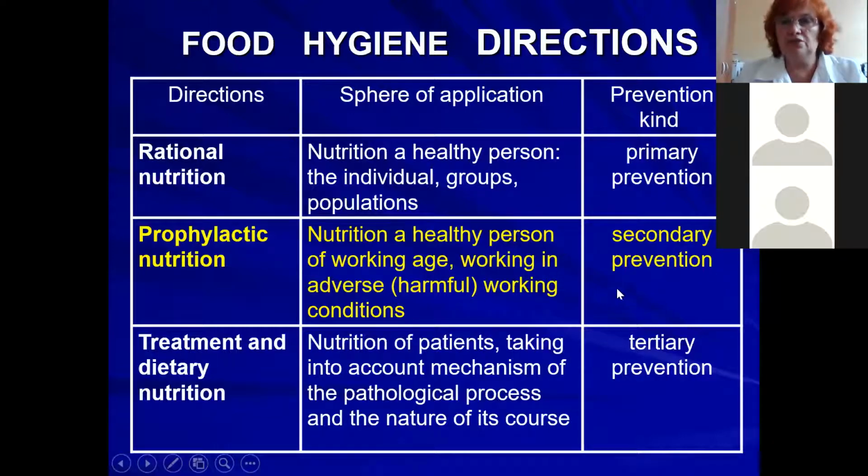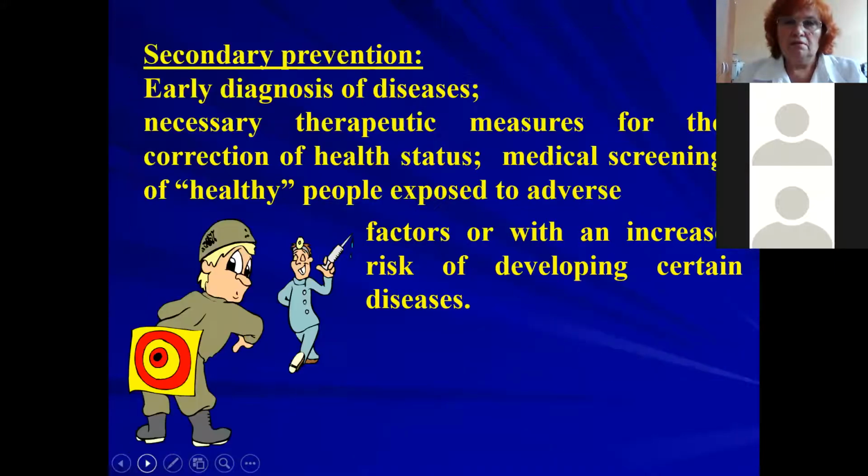This is secondary prevention: early diagnosis of diseases, necessary therapeutic measures for the correction of health status, medical screening of healthy people exposed to adverse factors or with an increased risk of developing certain diseases. So this is secondary prevention for adult people.